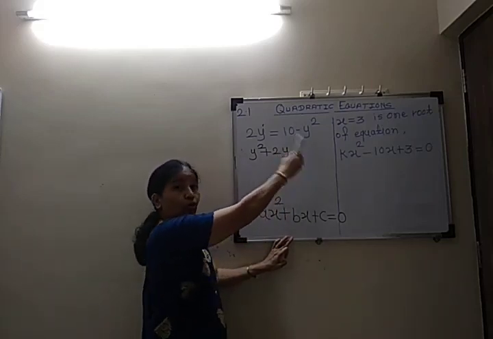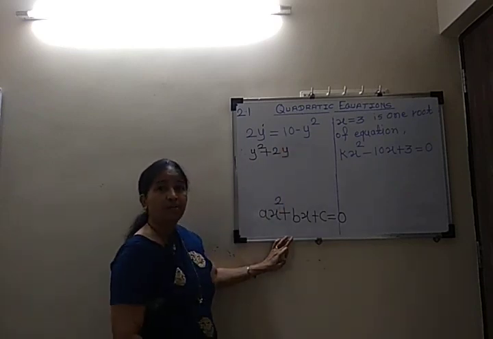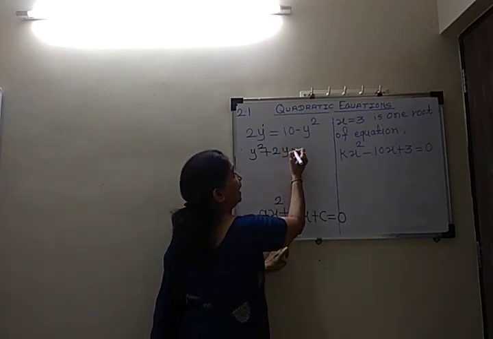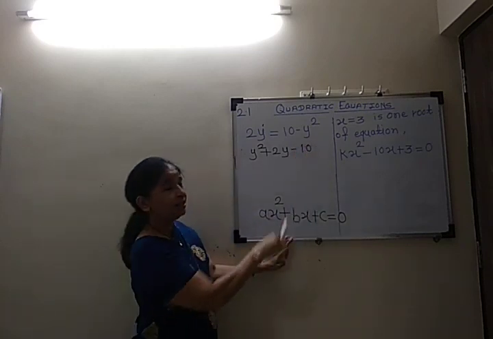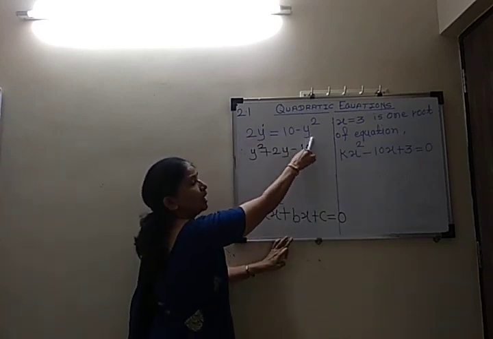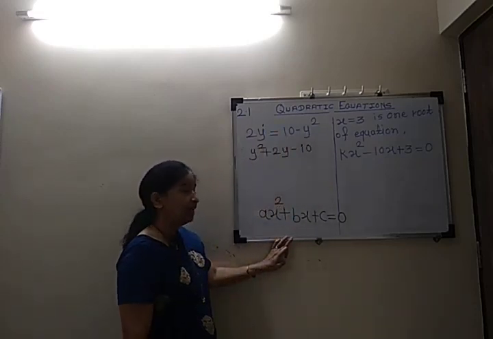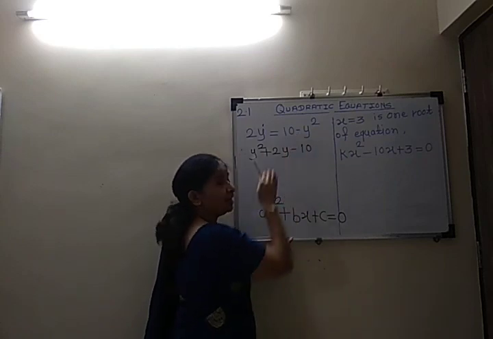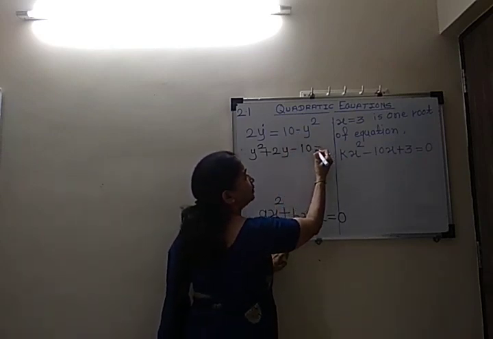So, I have to bring it to the left side. So, plus 10 will become minus 10. Now, all terms we have brought to the left side. So, on the right side remains nothing, means 0.